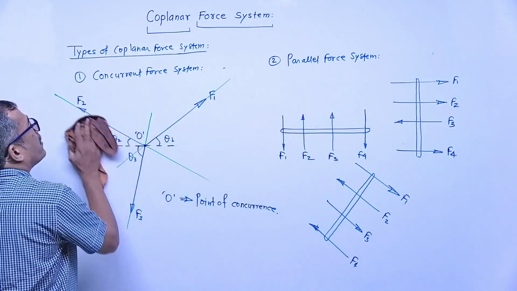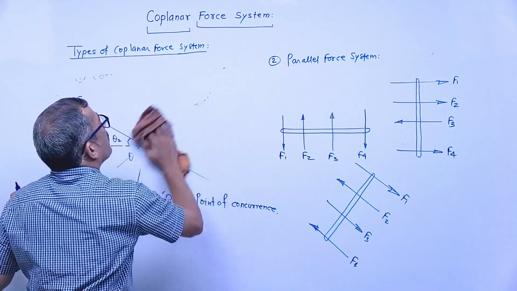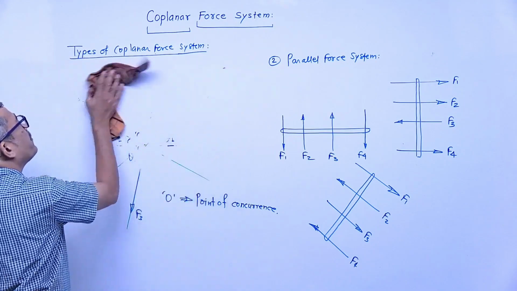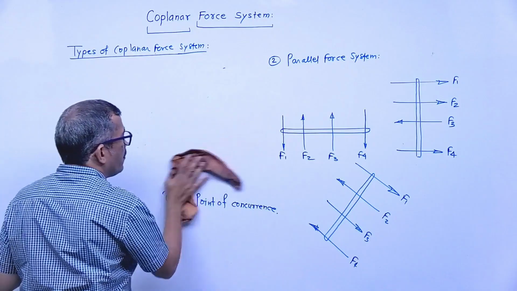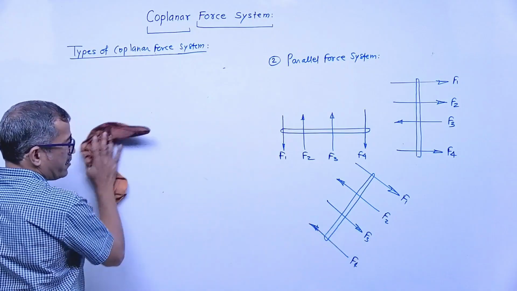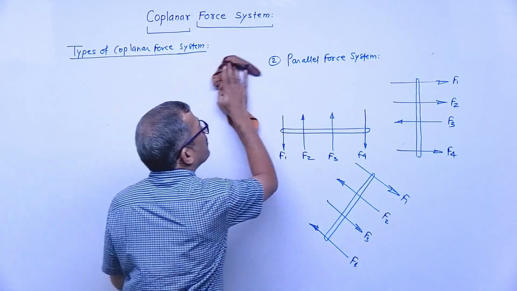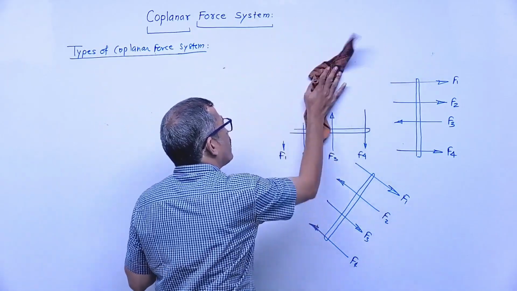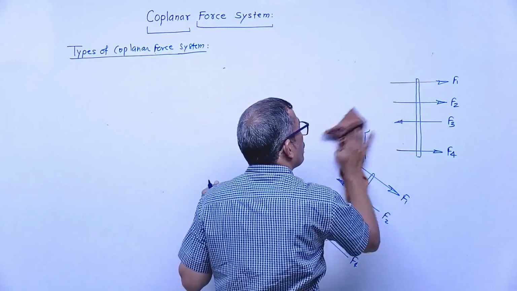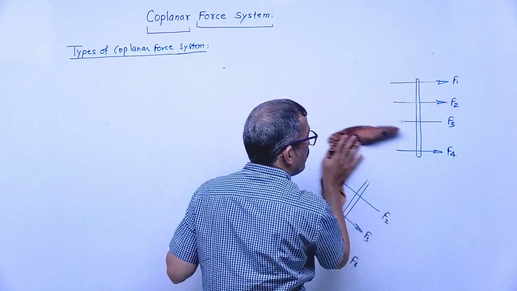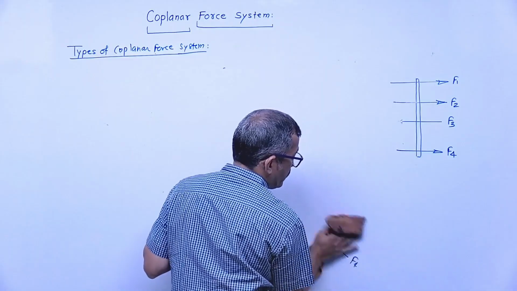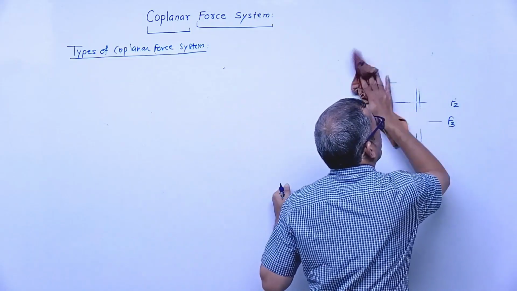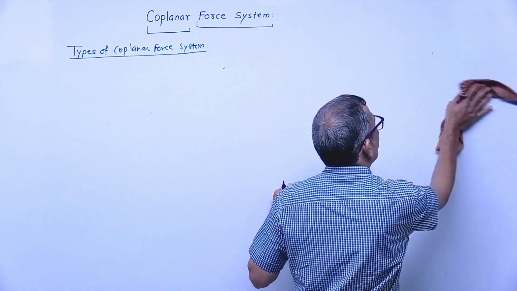So this is concurrent and parallel. How will you define a concurrent force system? If lines of actions of all the forces pass through a single point, then the force system is called a concurrent force system. The point through which lines of actions of all forces pass is called the point of concurrence. How will you define a parallel force system?